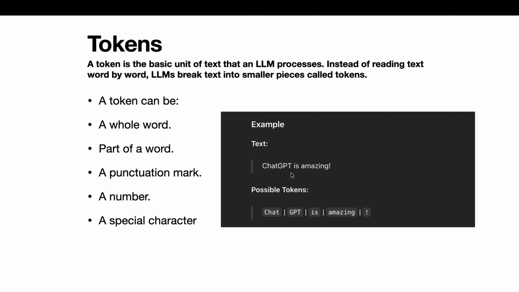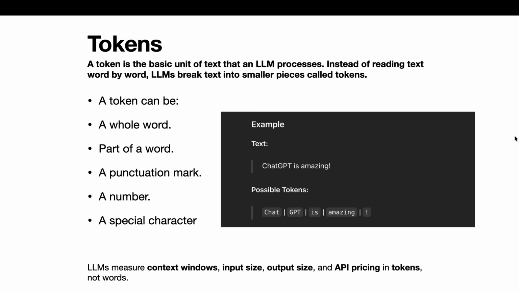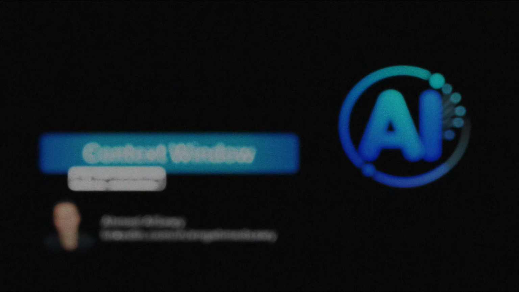We've got a sentence: ChatGPT is amazing. We can convert this into tokens like that. Chat, the first token, GPT, is, amazing, and this mark here. LLMs measure context windows, input size, output size, and API pricing in tokens, not words.